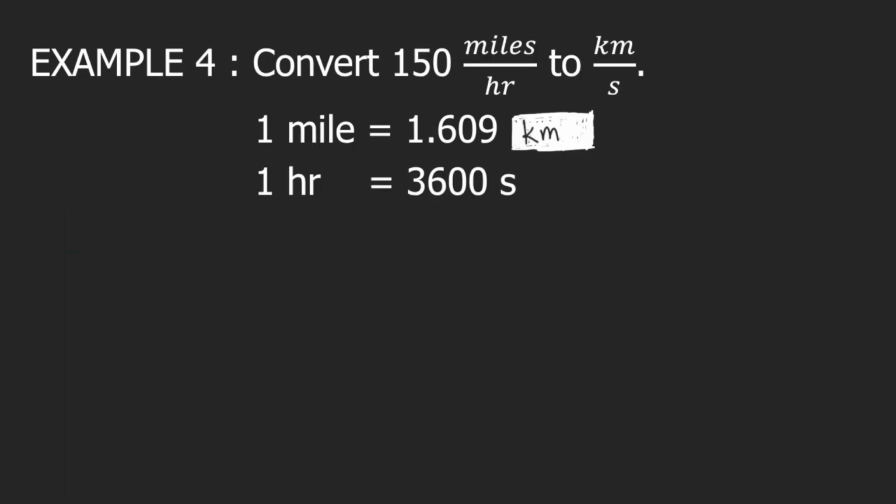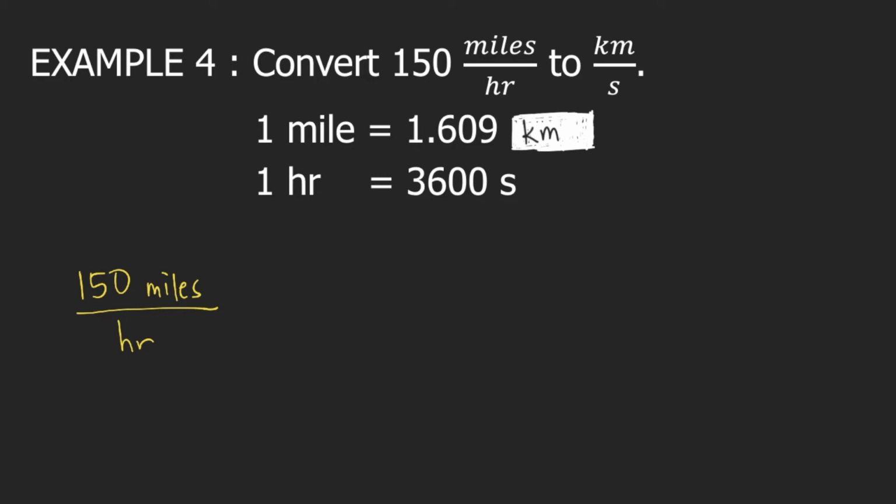For example number 4, we will be converting 2 units. So convert 150 miles per hour to kilometers per second. The equivalents are 1 mile equal to 1.609 kilometers and 1 hour is equivalent to 3,600 seconds. So we are given 150 miles per hour.